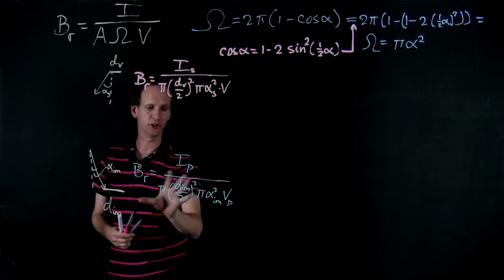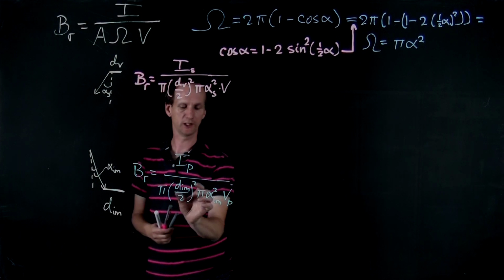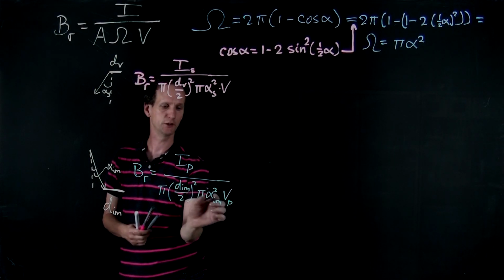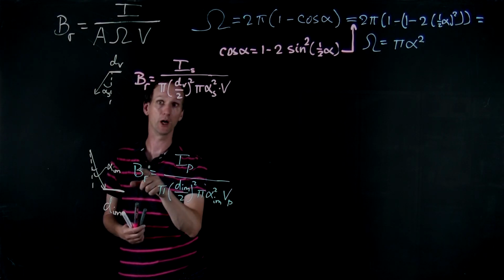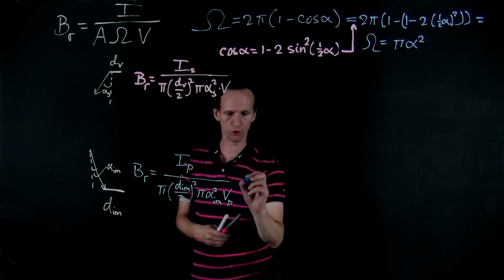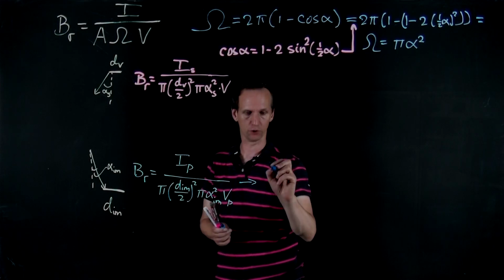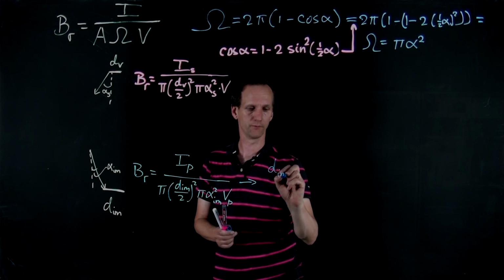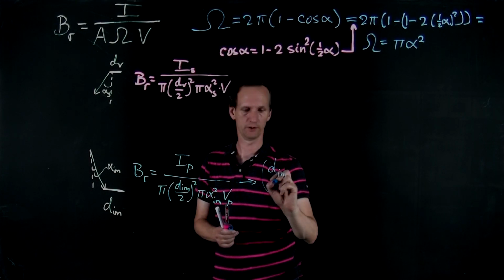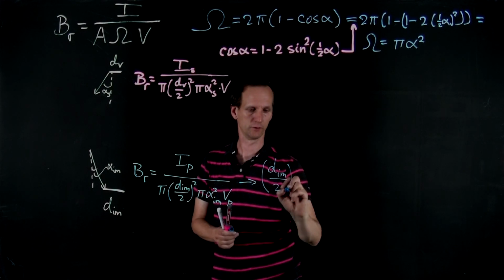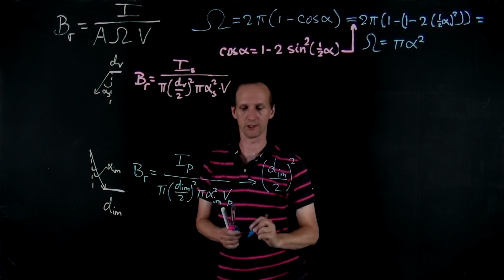Now from this equation we can see that here we have the image source size, the opening angle, the current, and the brightness. So let's now look at what this looks like if we get an expression for the probe size.